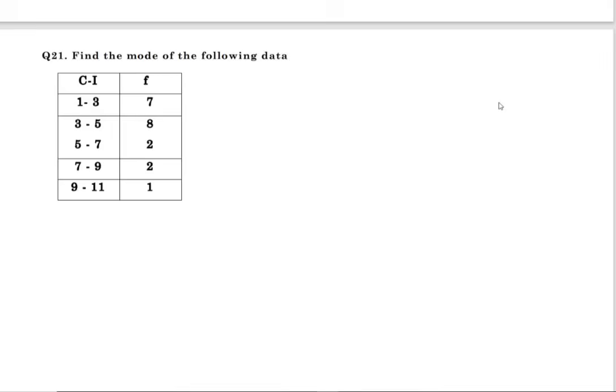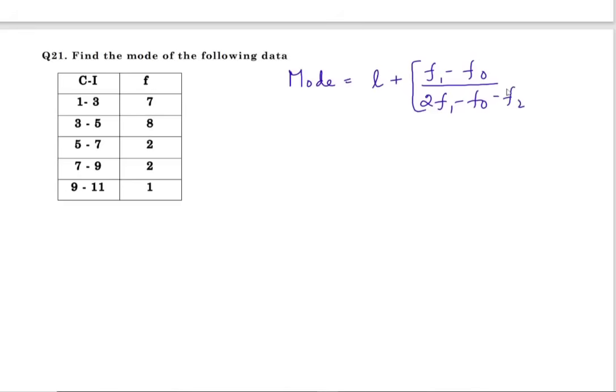Here, what I suggest is, first we learn the mode formula, after that we'll try to solve. Mode equals L plus (F1 minus F0) divided by (2F1 minus F0 minus F2), into H. Now we'll try to learn the mode formula.